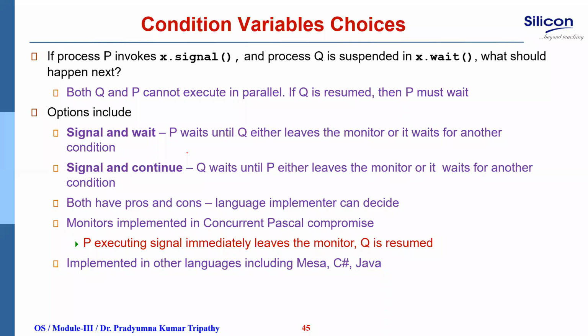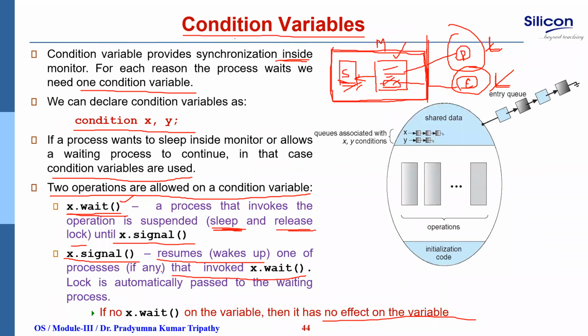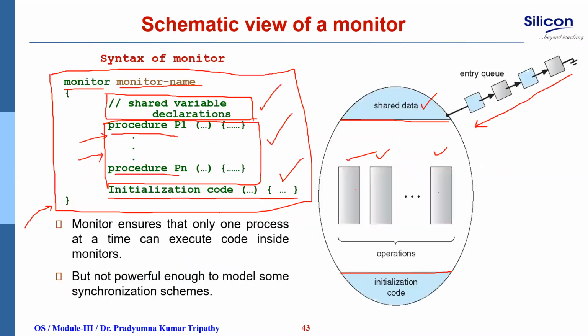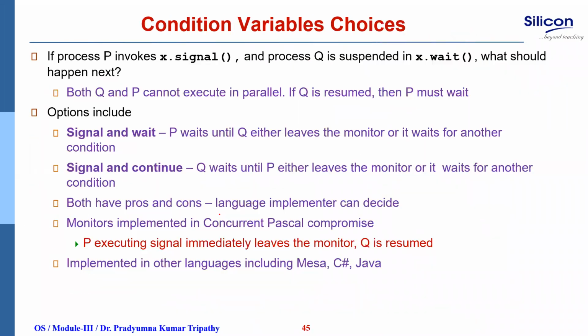Okay, so these are some situations. If process P invokes x dot signal and process Q is suspended in x dot wait, what should happen next? Signal resumes one of the processes that invoked x dot wait.